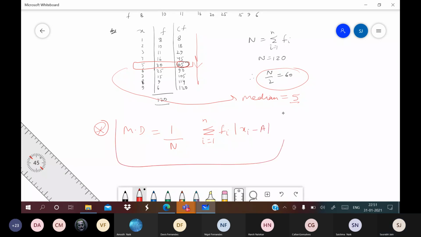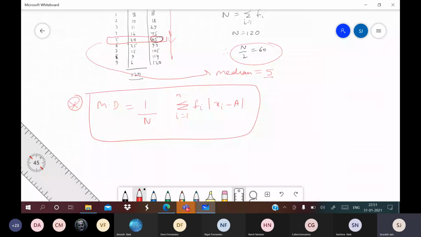Okay, this is the formula. So what is xi? Xi are the observations. What is fi? Their frequencies. What is a? Mean or median, whatever they want you to find.